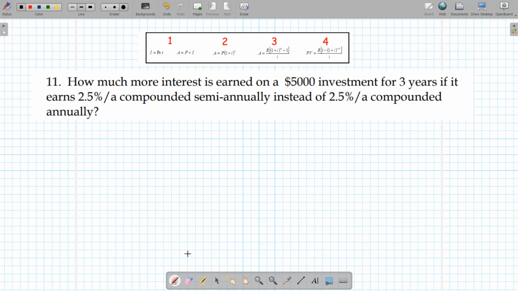Okay, so 1, 2, 3, or 4? 2. Yeah, it's 2. So we're gonna have to do this 2 different times. We're gonna find the interest when it's semi-annually, and then we're gonna find the interest annually, and we're gonna subtract one from the other.